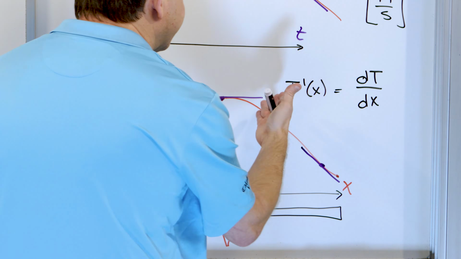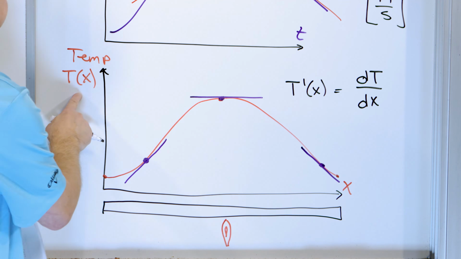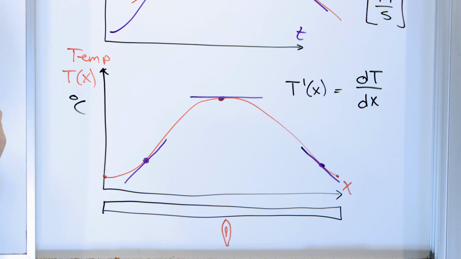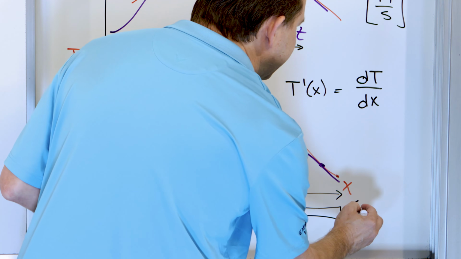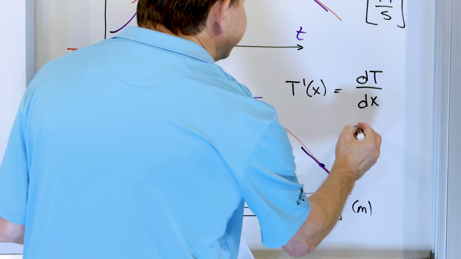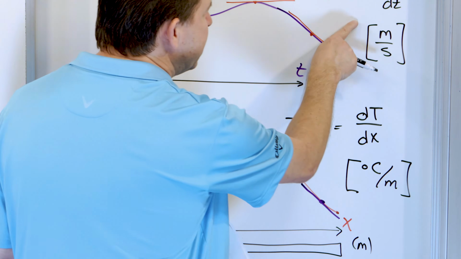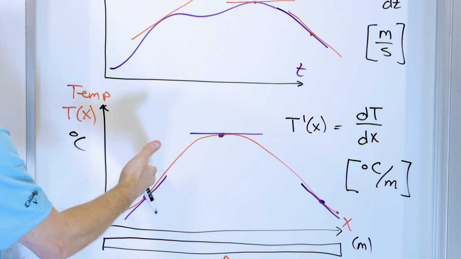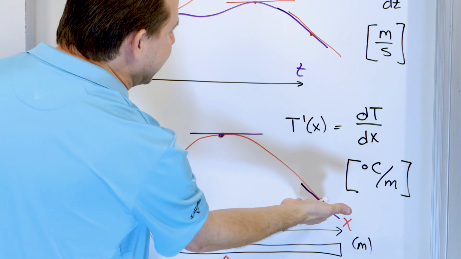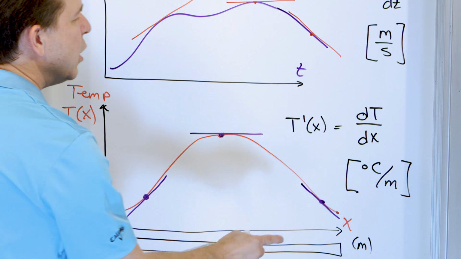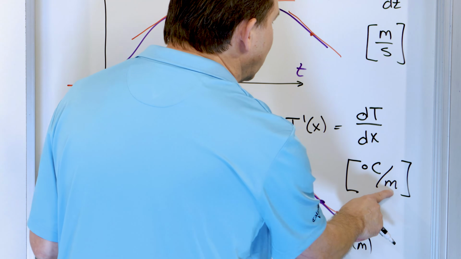And what would be the units of any of these derivatives? Well, if the units of this were in degrees Celsius, and the units of this were in meters along the bar, then the units of the derivative would be degrees Celsius per meter. Just like it was meters per second, here the units of the derivative, the rate of change at any point along that bar, would be degrees Celsius per meter.